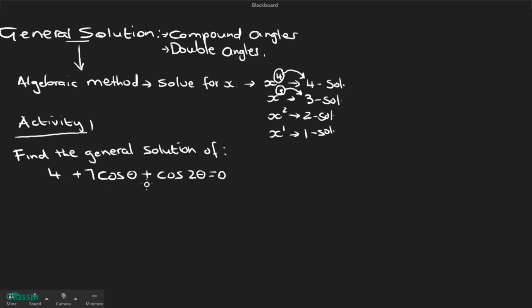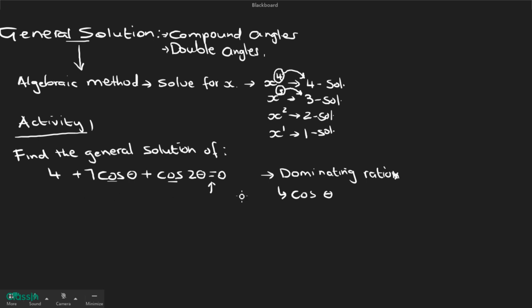This one is an equation because of the equal sign. Since we have the equation, we are going to check on this equation: what is our dominating ratio? Our equation dominates with the ratio of cos, so our dominating ratio is cos theta.